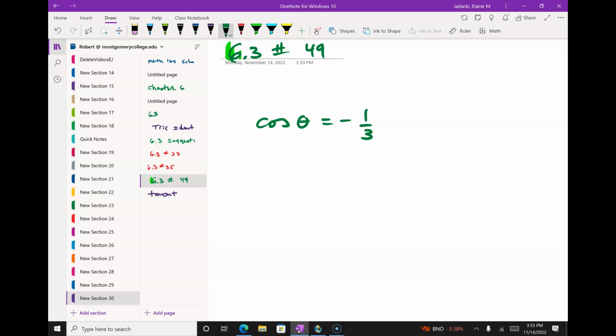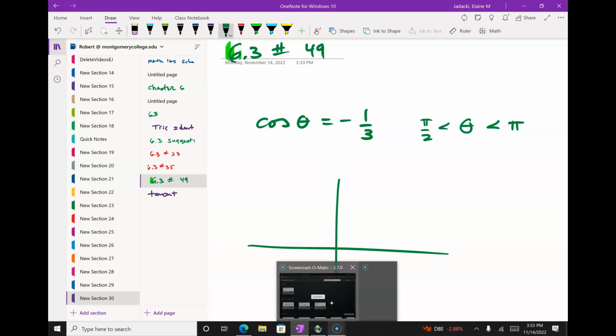So how about this? What's my only choice for quadrants? I got two choices when cosine is negative, 2 or 3. And it says that my angle theta is between pi/2 and pi. So that's got to be quadrant 2, because this is pi/2 and this is pi.